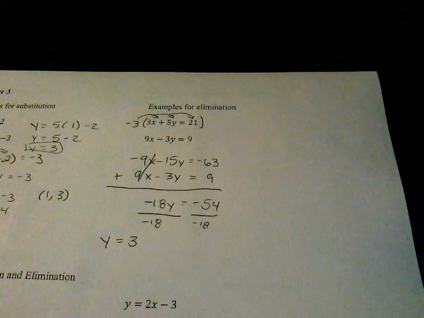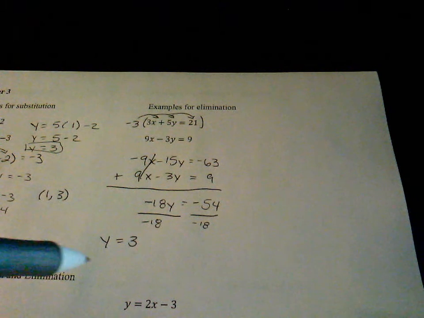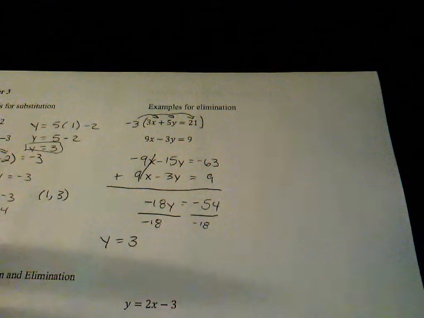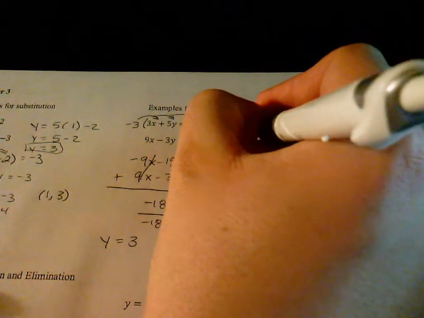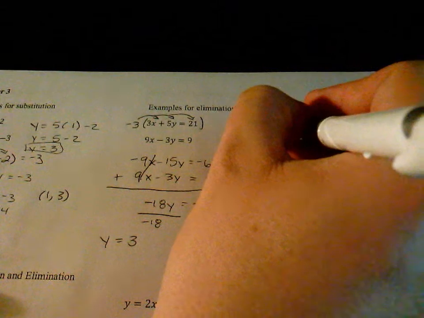Once again, we're in the dilemma that we do not have the x, so we have to go back to one of the original equations, and instead of writing a y, we can write a 3. So I'm going to go back to this original equation and take 3x plus 5, but instead of writing the y, I'm going to write a 3, and then equals 21.